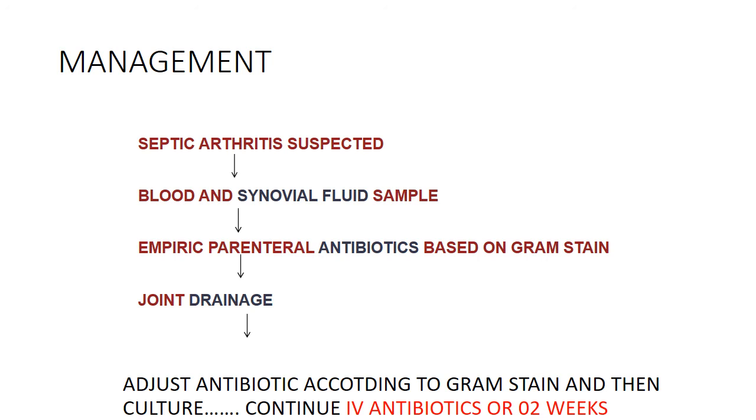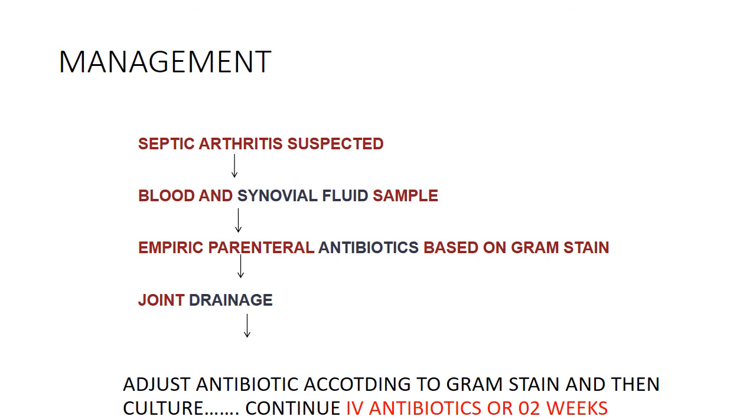Remember, if you have septic arthritis in your hand, always drain the joint. It is very necessary to decompress the joint and drain the pus, because if that pus remains there, it will lead to damage to joint cartilage and joint structures.